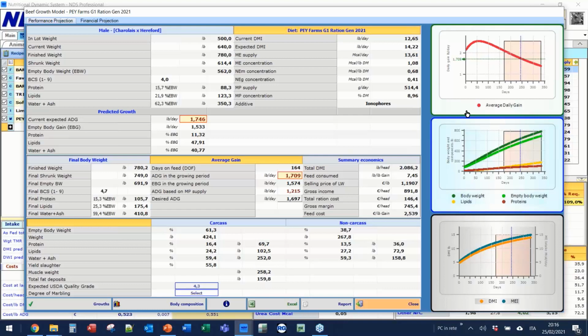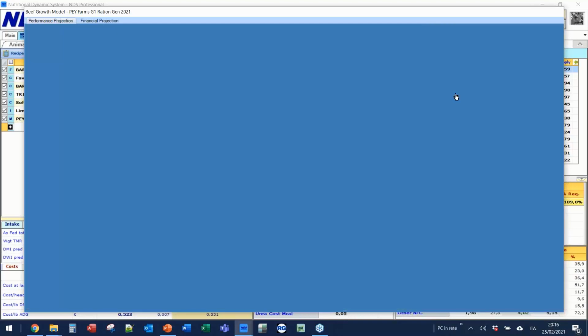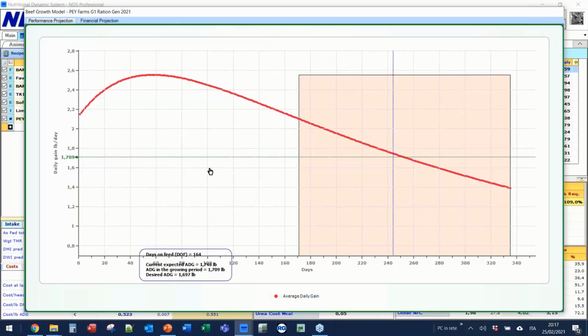On the right hand side of the screen, we have some description about the growth curve predicted by the beef growth model, and this is the expected average daily gain through the period.